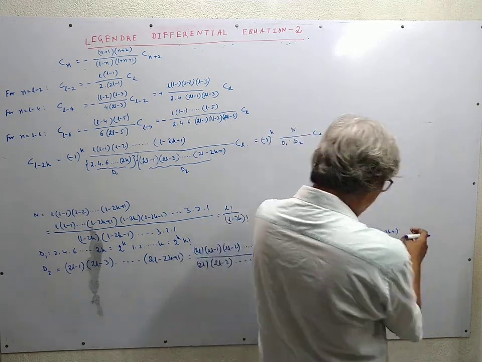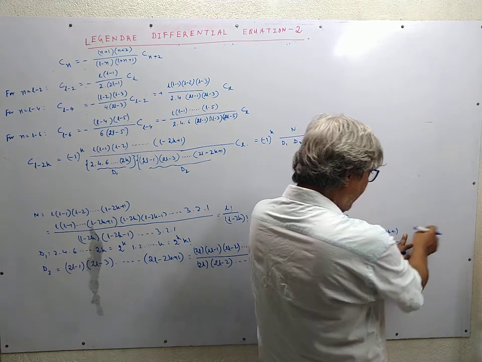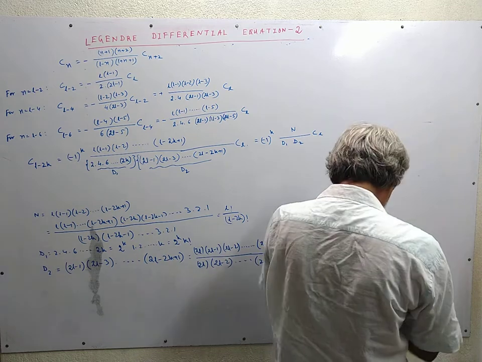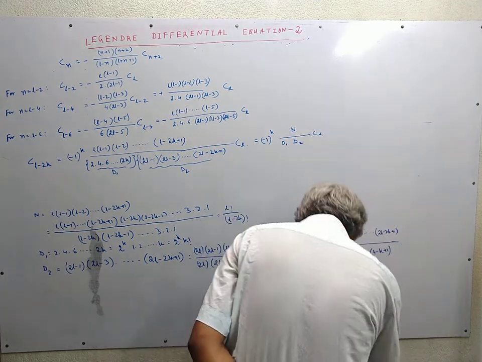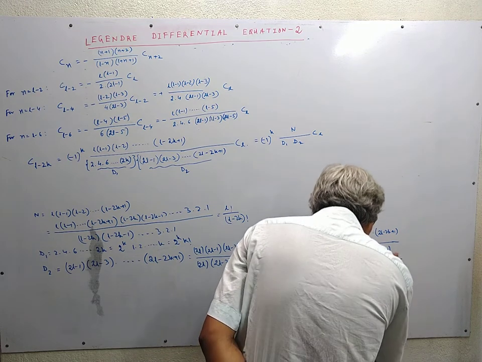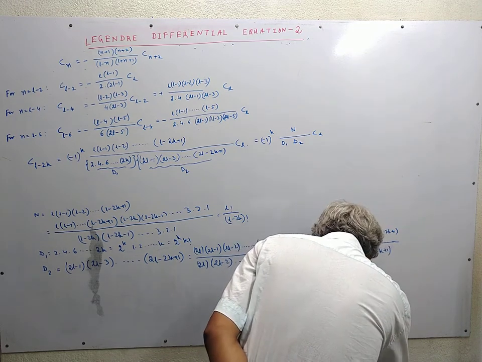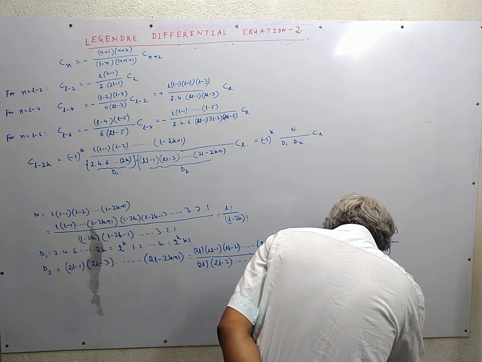We have multiplied this by 2L minus 2k up to 3, 2, 1, and it has been adjusted. And this part is written as 2 to the power k. This can be written as L factorial by L minus k factorial.